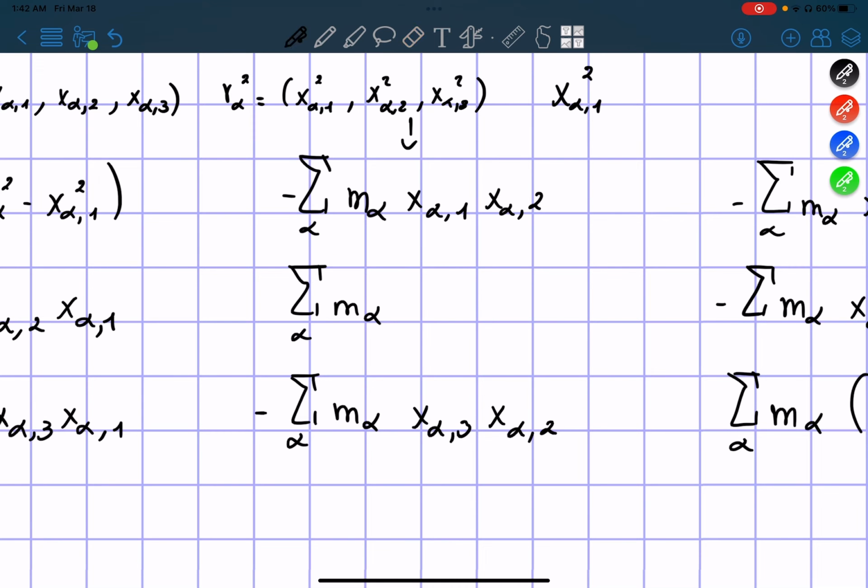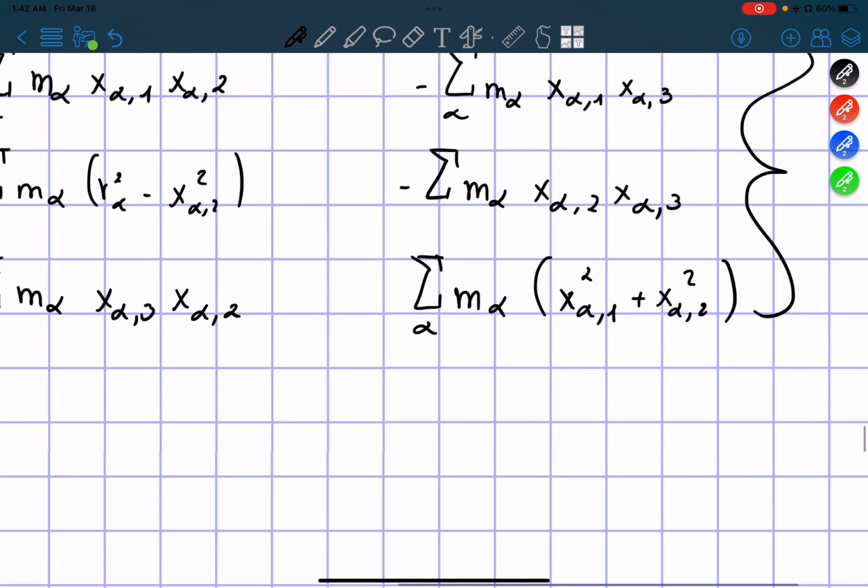So we're going to have r of alpha squared minus x alpha 2 squared inside, and here again, r alpha squared minus x alpha 3 squared inside here.